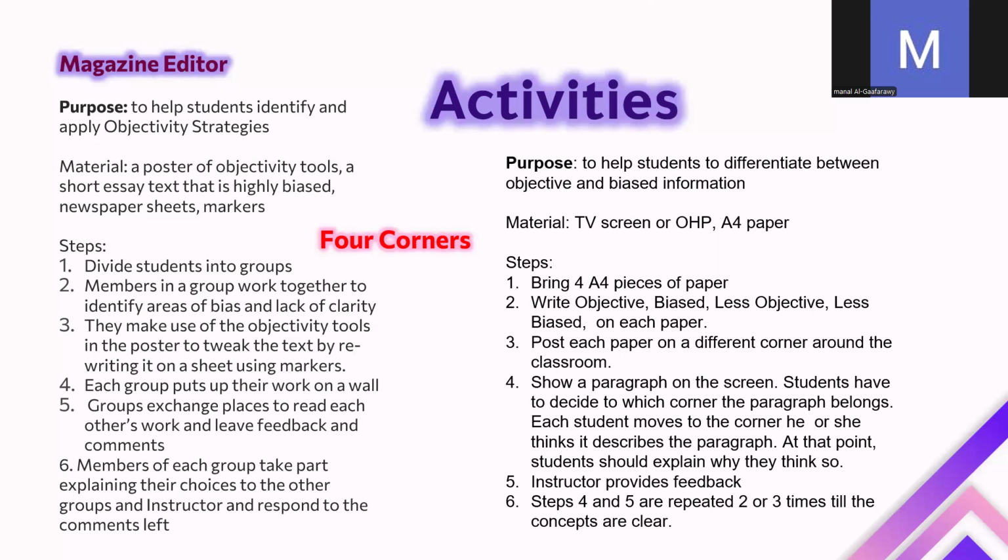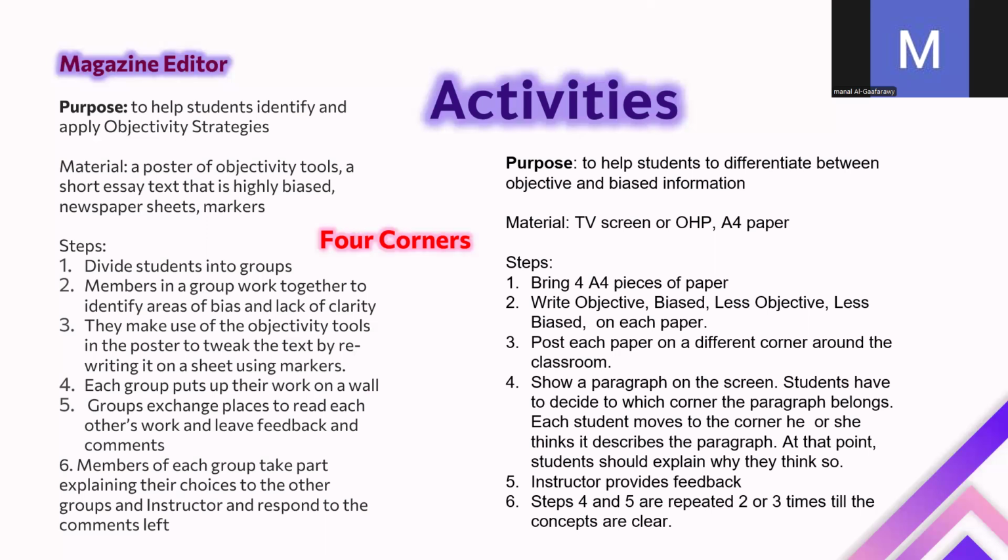Each student moves to the corner he or she thinks describes the paragraph. And at that point, students should explain why they think so. For example, students who are standing at the biased area have to explain why they think the paragraph is biased. And those standing at the less biased area have to explain why the paragraph is less biased, and so on.